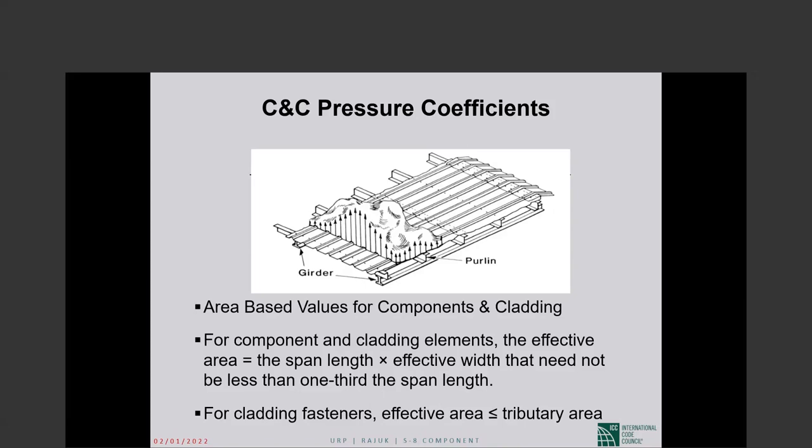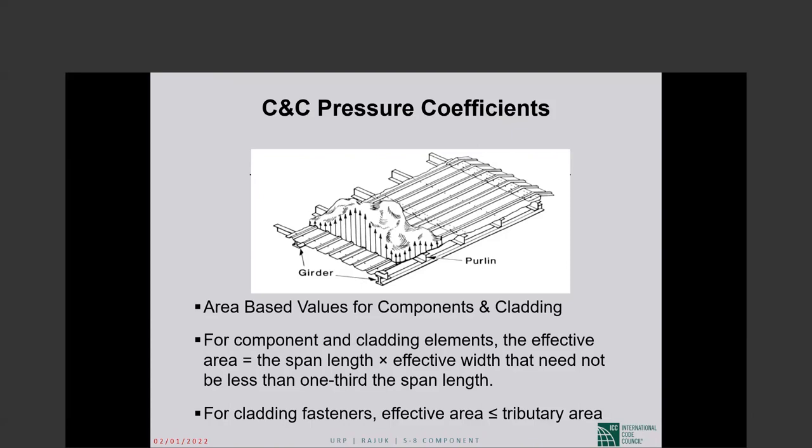For components and cladding, the pressure coefficients that we are given in ASCE 7 are area-based values. For component and cladding elements, the effective area is very important.